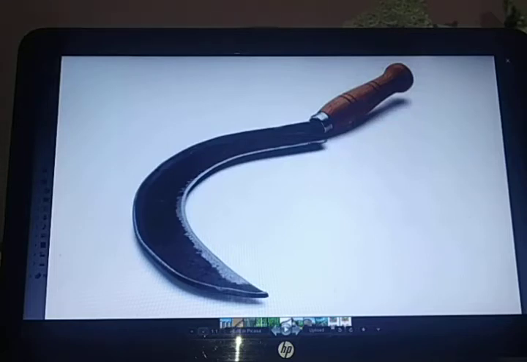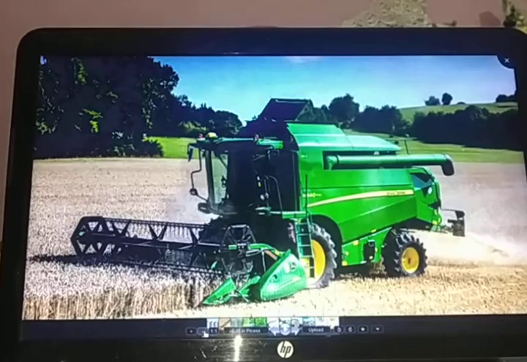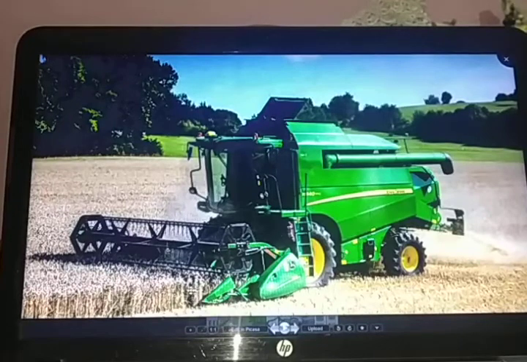The threshing can be done by an instrument called a combine. A combine is a combination of harvester plus thresher. I will show you this. Can you see it? It is a type of tractor, but it is cutting the crop from here, and this machinery is taking out the seed.